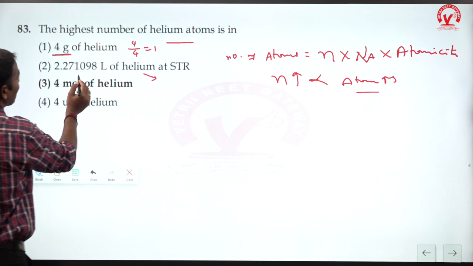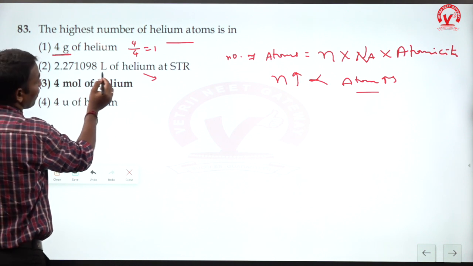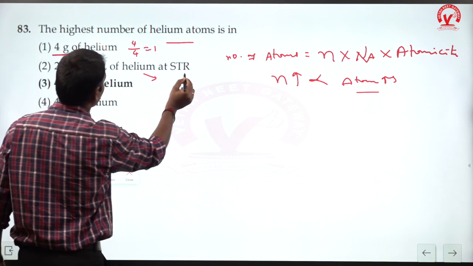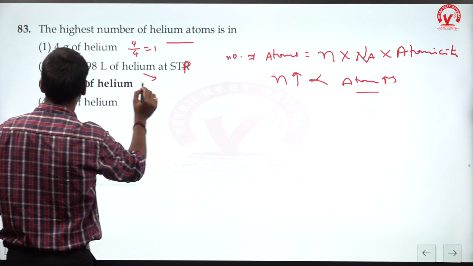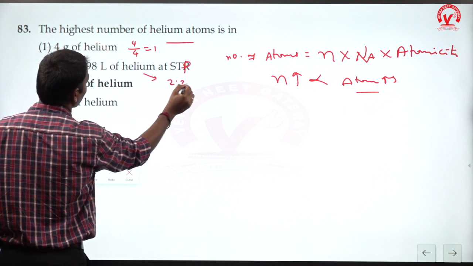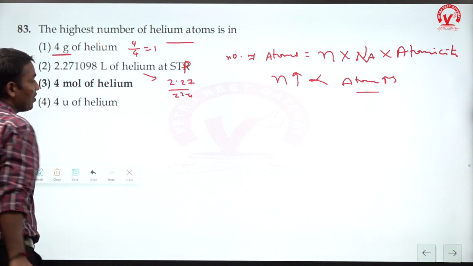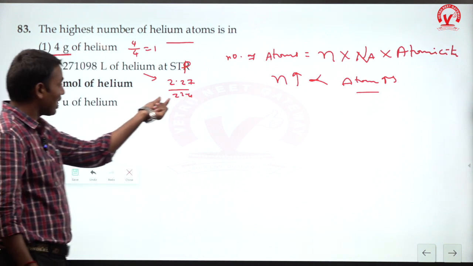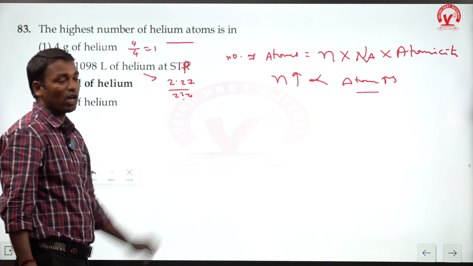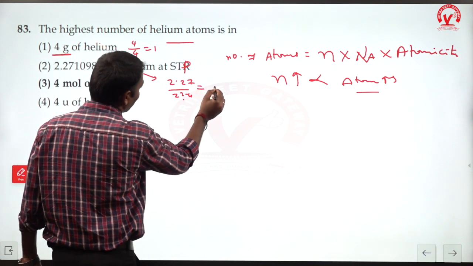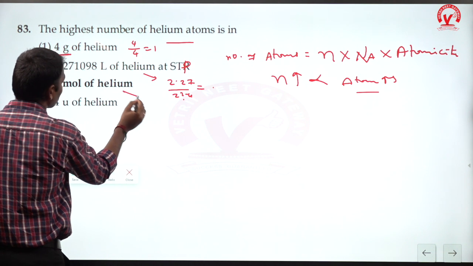Here it is given in liters. They gave the volume at STP, I think this is the STP. So 2.27 divided by 22.4 liters, that is divided by gram molar volume, so it will be very small, less than 1. Then 4 moles they directly give here.